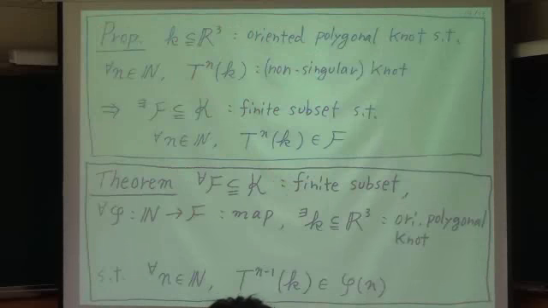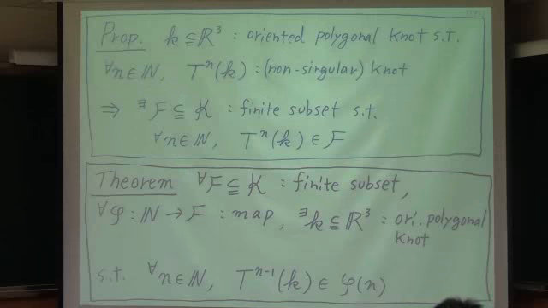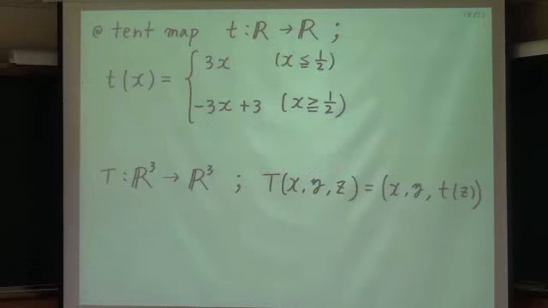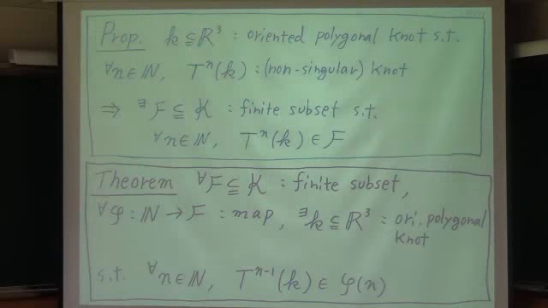Anyway, first I explain the result. For this T, we have the following. Let K be any oriented polygonal knot.